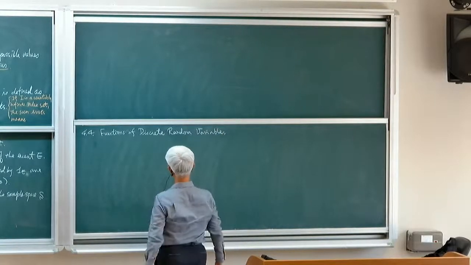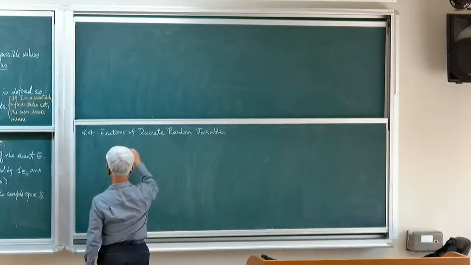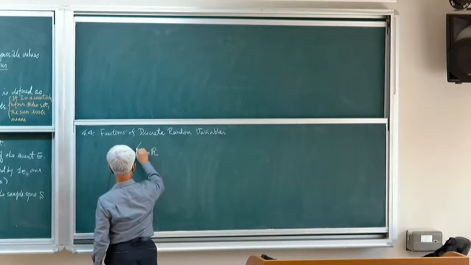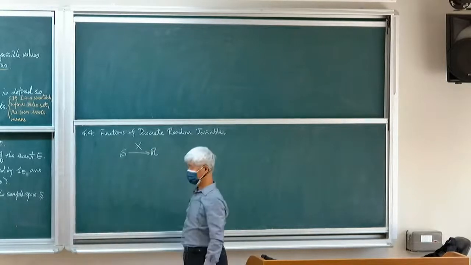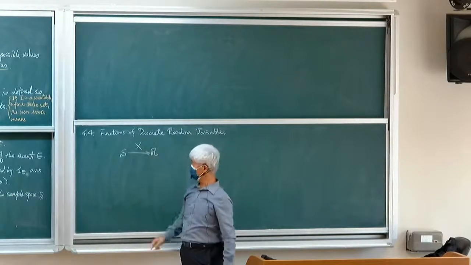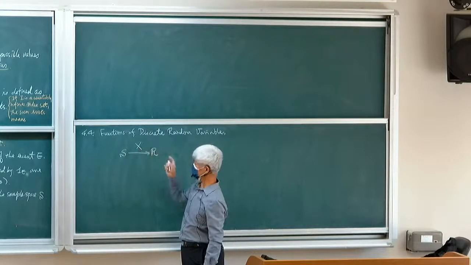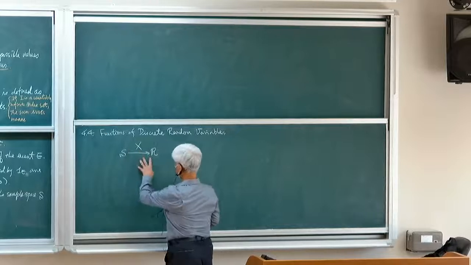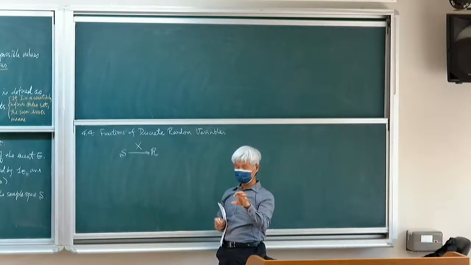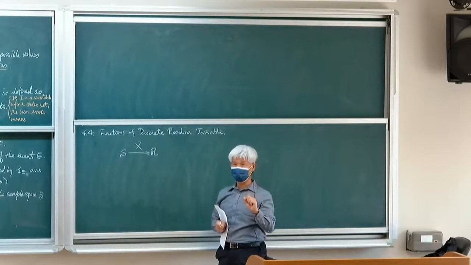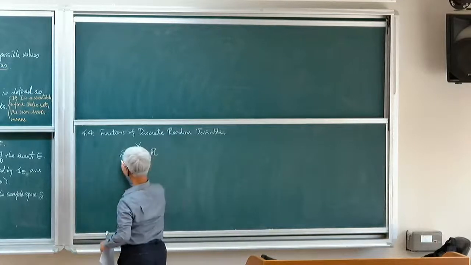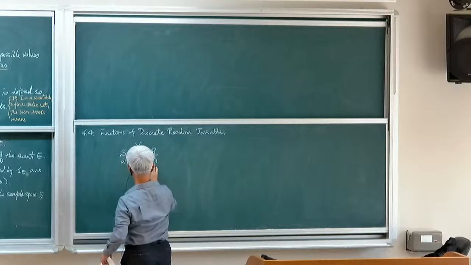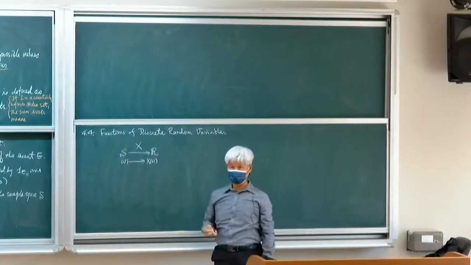We know a random variable, especially a discrete random variable, is the measurement of a certain characteristic of an outcome, so that for each outcome there is a measurement result.